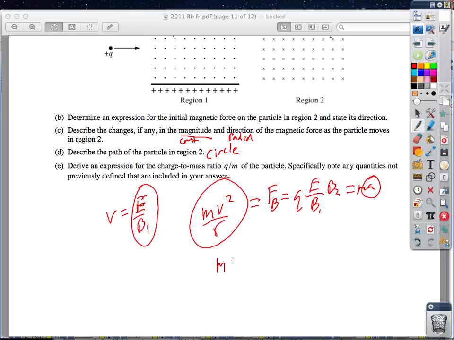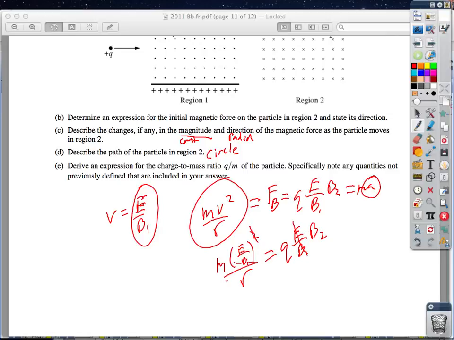Okay, anyways. This is E over B1 squared over R. And then this side, of course, is Q E over B1 B2. Now, obviously, you can see what I can do here, right? You just cancel one of those. That's easy.